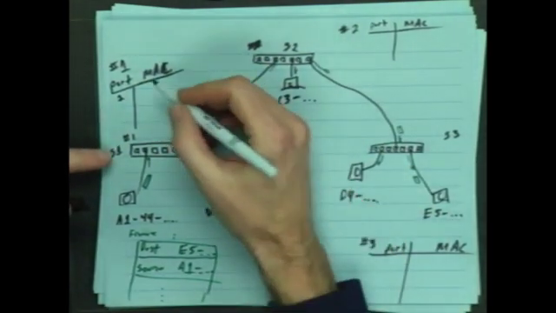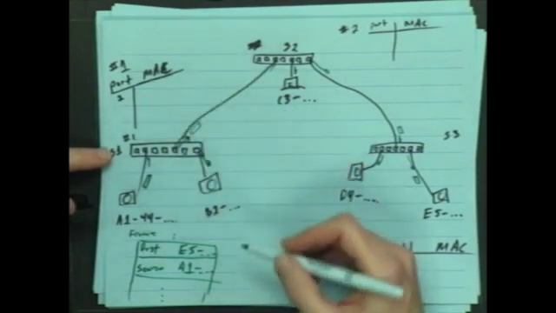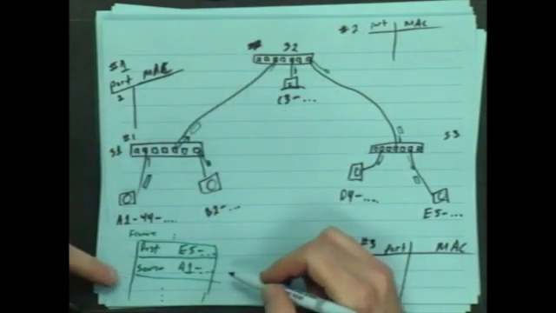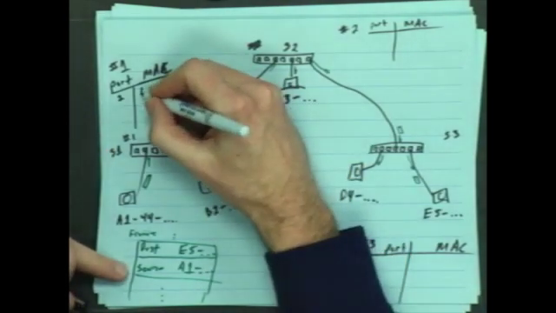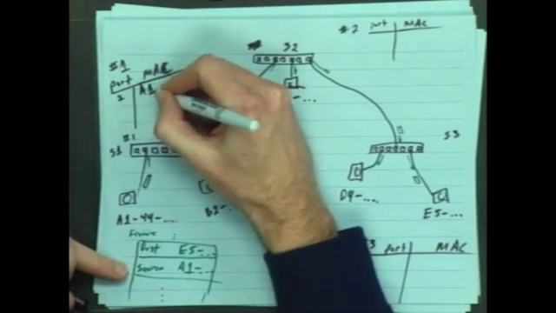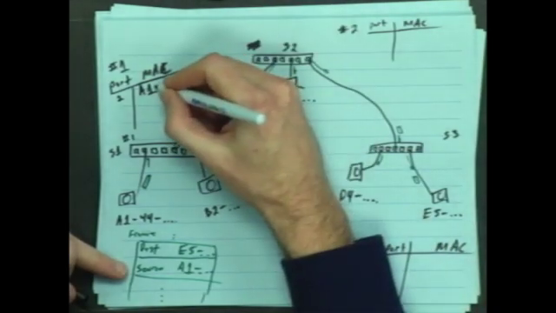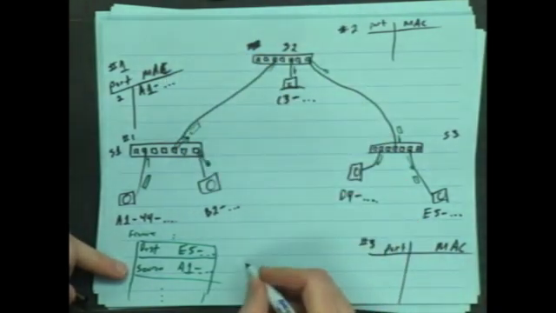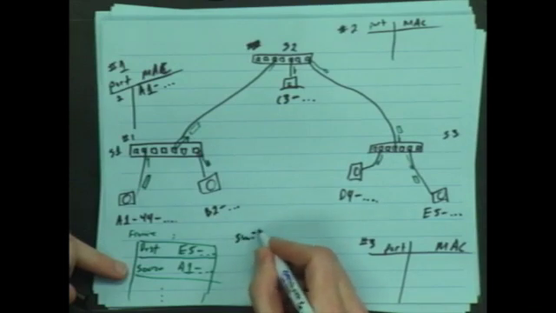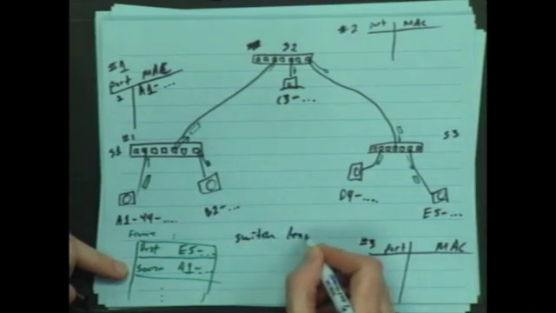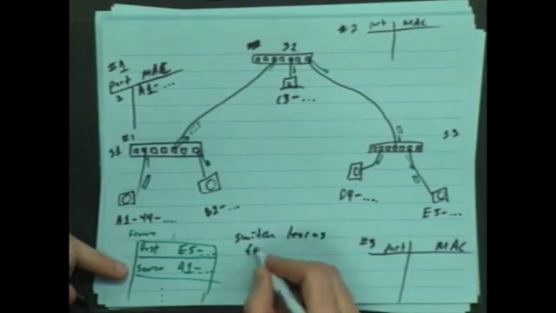What MAC address do I put? Which one of these do I know? The source. Why don't I know the destination? Because I haven't gotten anything from them yet. If I'm a switch, I can only learn from the source address.